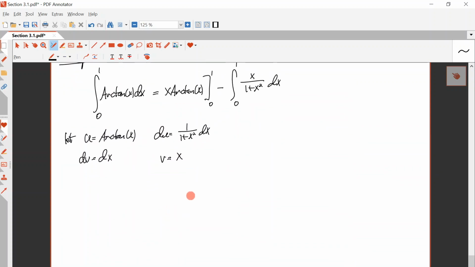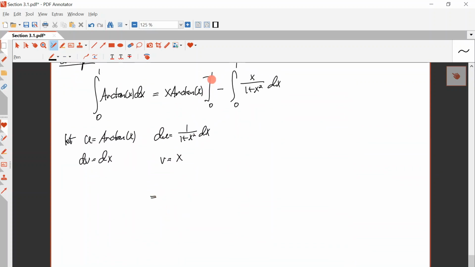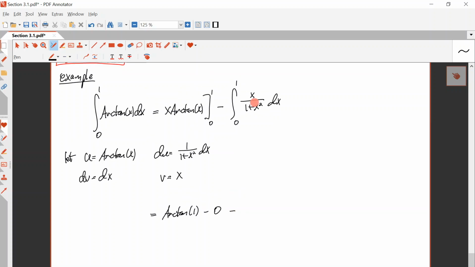All right, so evaluating this from 0 to 1, that's arctangent of 1 minus 0 times arctangent 0, which is just 0, minus the integral. Well, this one, I don't know if you remember from the section on logs, is almost of the form g prime over g.